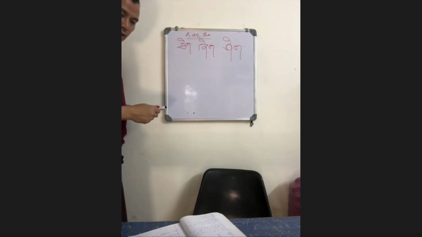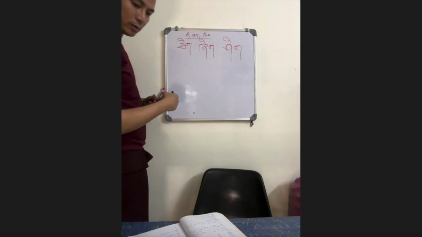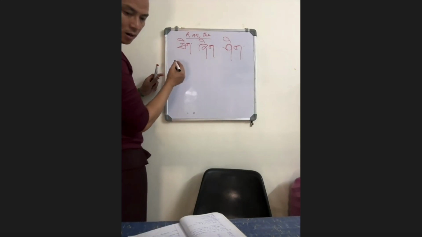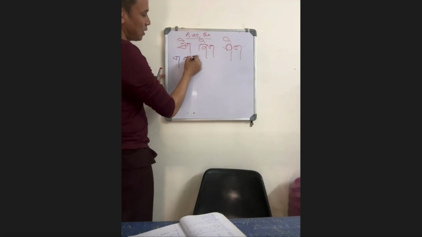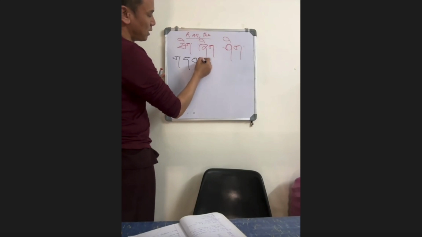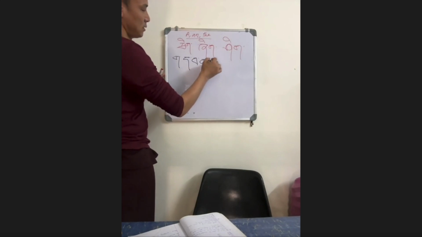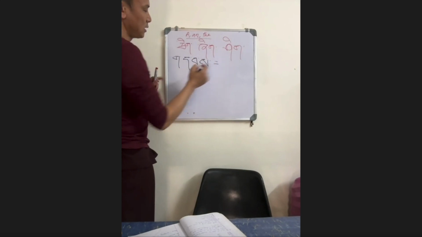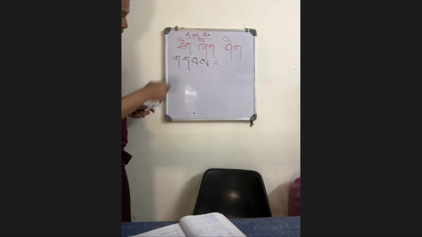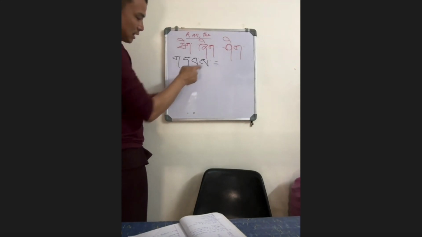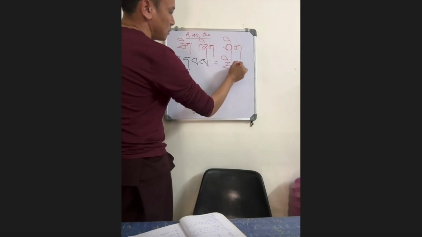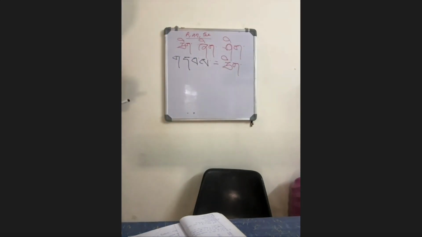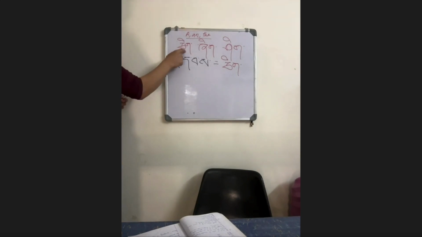Okay. So now I will show the suffix. Ka, ta, pa. Suffix ka, ta, pa always brings chik. Okay, this one.